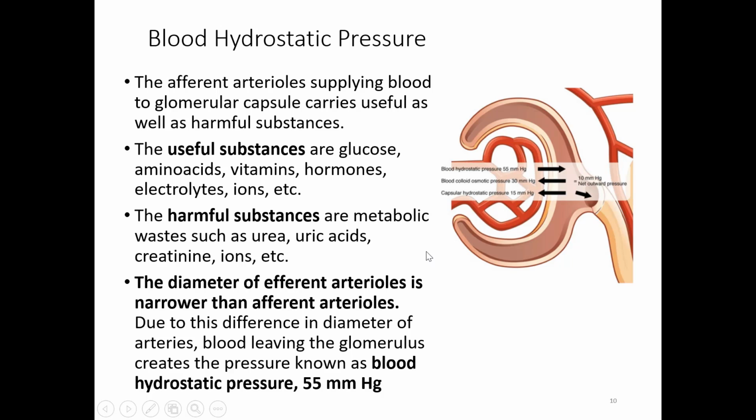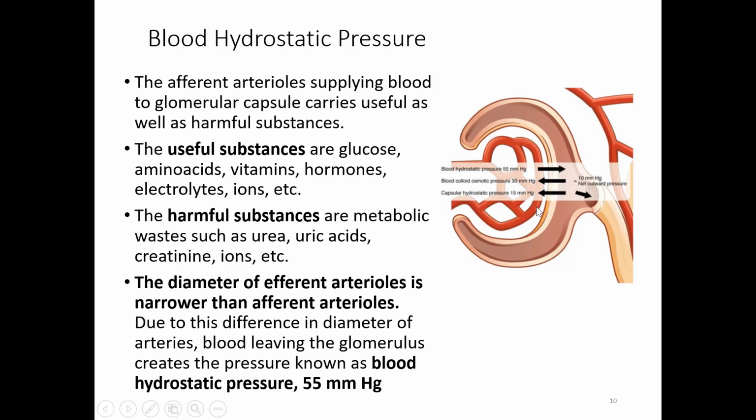Now, blood already arrives into those capillaries of the glomerulus under the pressure from aorta created by the heart. But also the diameter of efferent arterioles exiting right here is narrower than diameter of afferent arterioles entering. Due to this difference in diameter of arteries, blood leaving the glomerulus creates the pressure known as blood hydrostatic pressure.